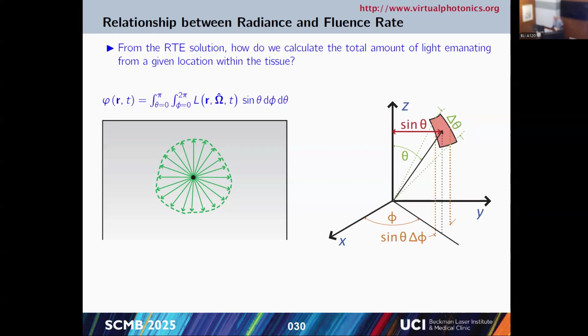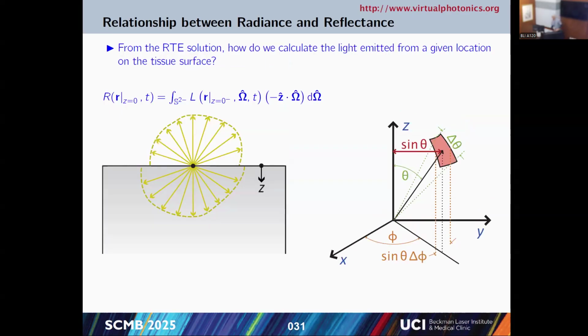Okay. Now, it's different for reflectance or transmittance. So let's think about a light field emanating from a point here. I put it right at the surface, but you actually have a slightly different light field inside the tissue than outside because you may have a refractive index mismatch. So there's actually a discontinuity in the radiance if you look at the light inside the material versus outside. And if you are interested in reflectance, you're not interested in the whole surface of the sphere.